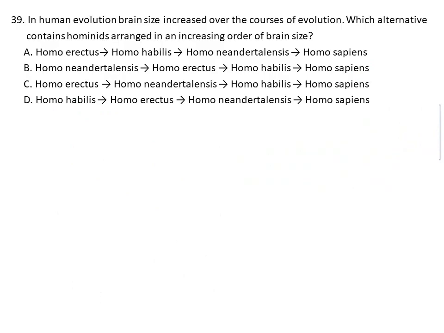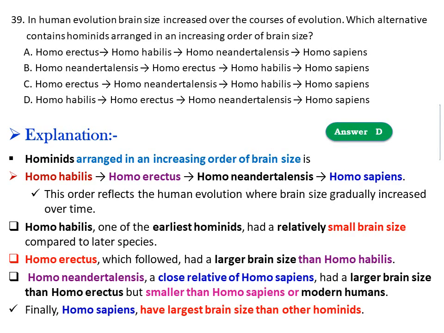The next is question number 39. In human evolution, brain size increased over the course of evolution. Which alternative contains hominids arranged in increasing order of brain size? So the answer should be D: Homo habilis, Homo erectus, Homo neanderthalensis, and Homo sapiens.